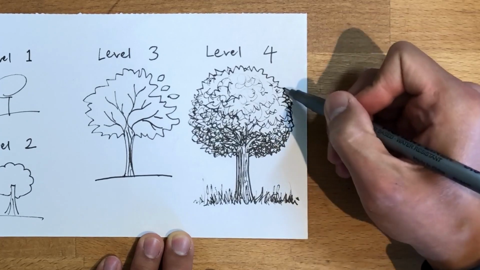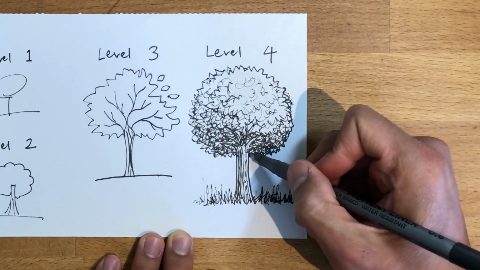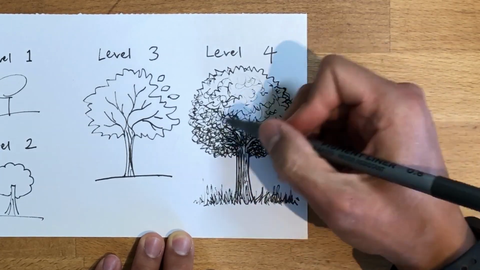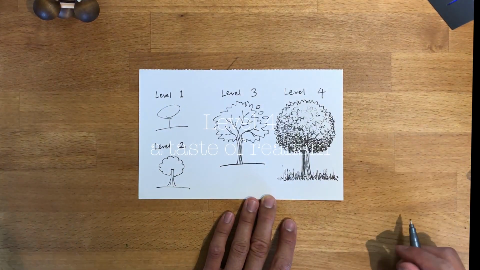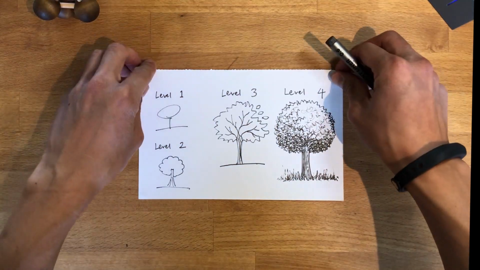There we go. So here we have level 4 of a tree. This is a level of a taste of realism, starting to become a little bit more realistic. So great. Moving on to level 5.